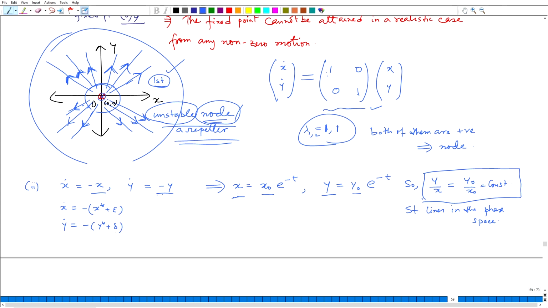These two things will then simply be epsilon dot, because x star is constant, and delta dot.